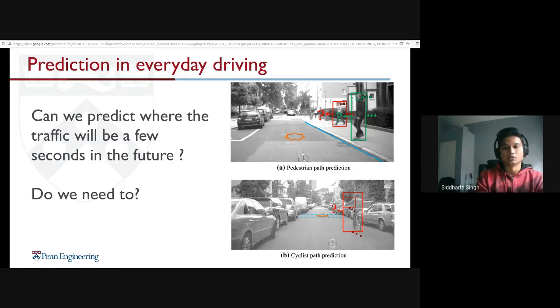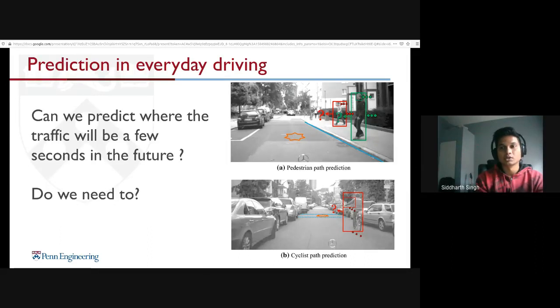If I'm seeing this pedestrian here, and I have the information that in the next 2 seconds, this pedestrian will possibly, with some amount of probability, come at this location, I can then decide to brake, to slow down, or to just honk my horn.